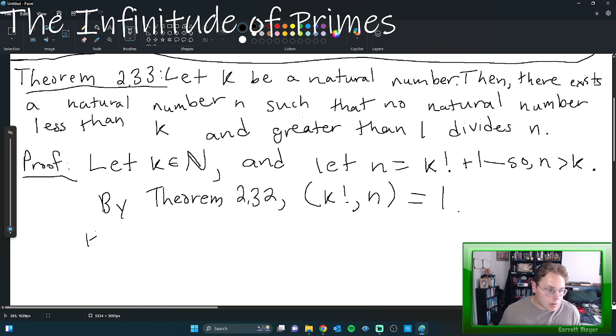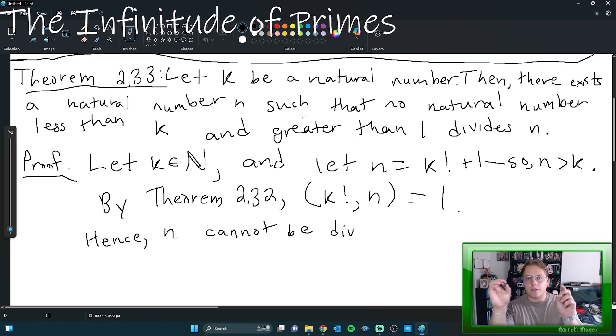Hence, n cannot be divided by any number less than k and greater than 1, since its only common factor with k factorial is 1. And k factorial is just the product of every single number below k. So if n did have a divisor that was less than k and greater than 1, it would also be a factor of k factorial.